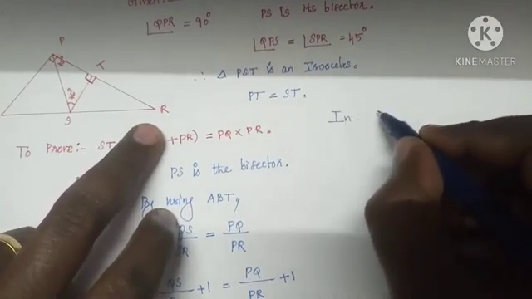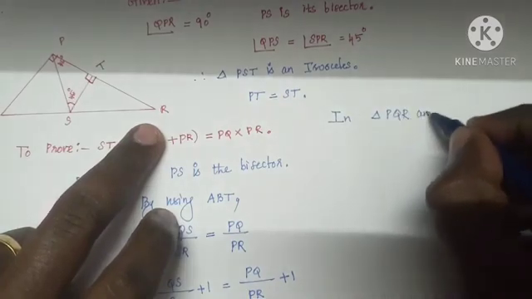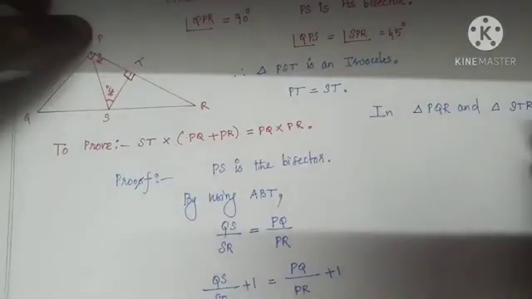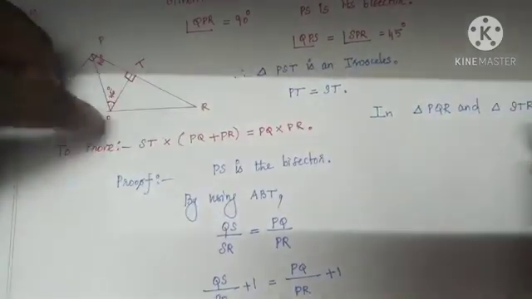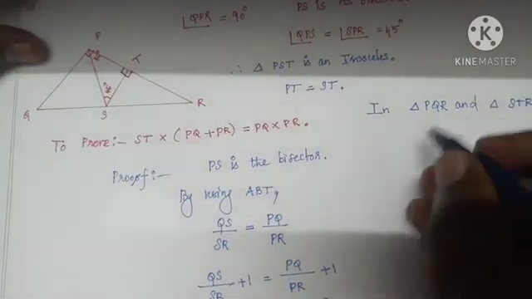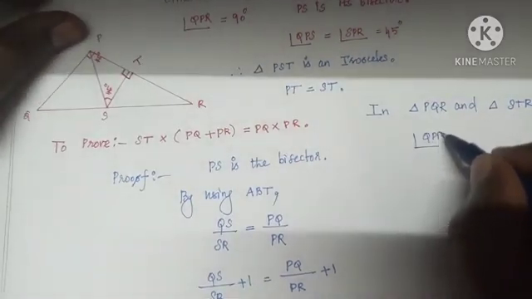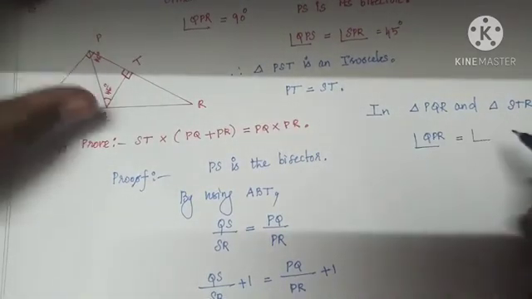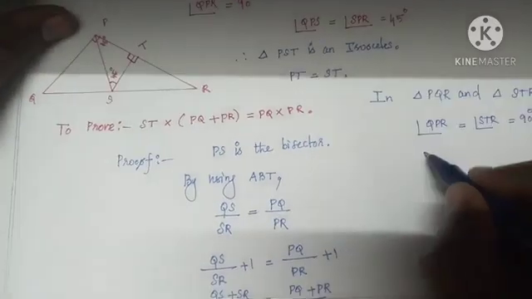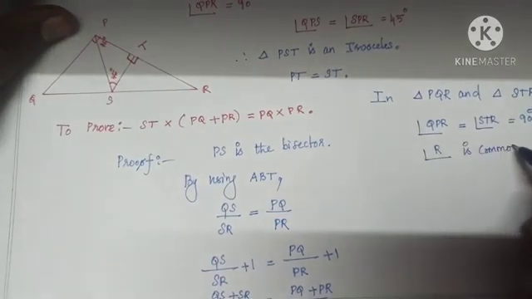Now in triangle PQR and triangle STR, these two triangles are similar. How? Angle QPR is equal to angle STR, which is equal to 90 degrees, and R is the common angle.